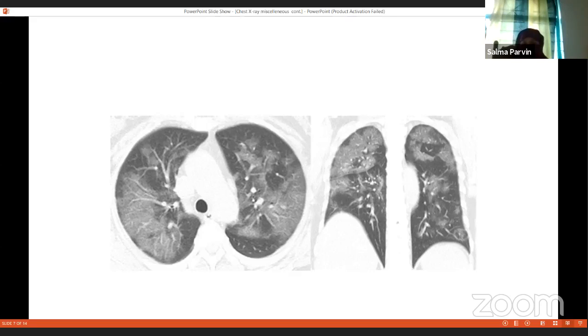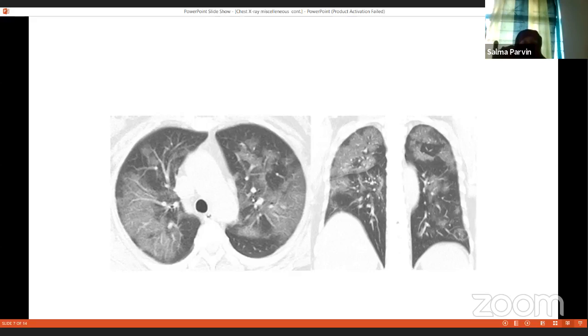The densities are not uniform in presentation, or they are not coalescent, they are scattered, and different densities are seen with upper zone predilection. Fewer in the mid zones. This is a contrast enhanced CT, really to search the contrast uptake of a lesion suspected to be a mass or not in the lungs.